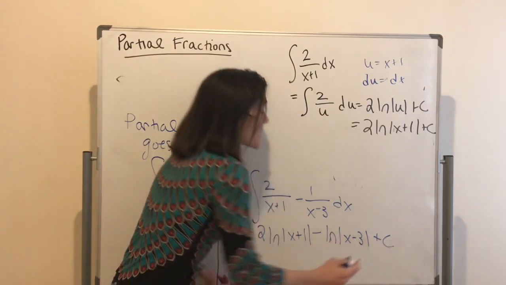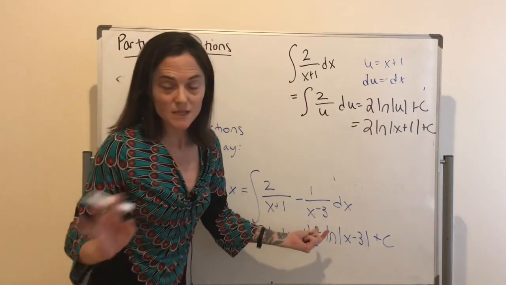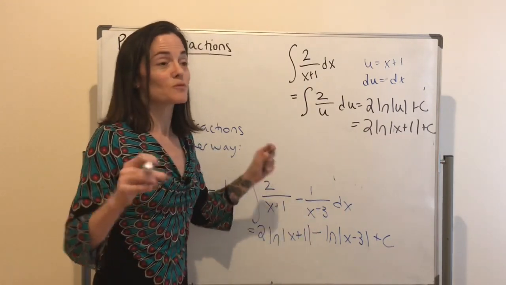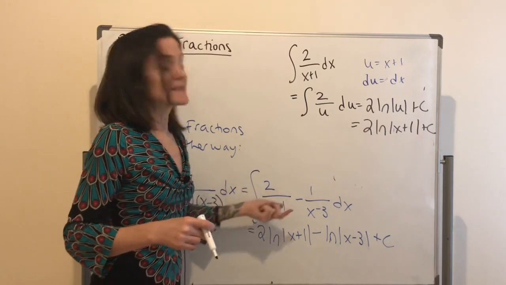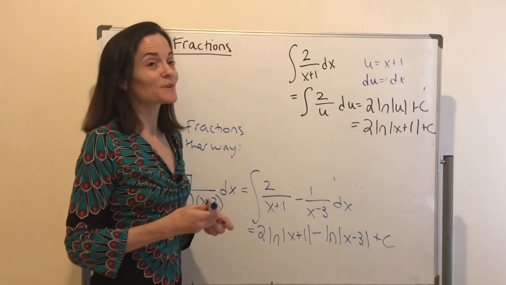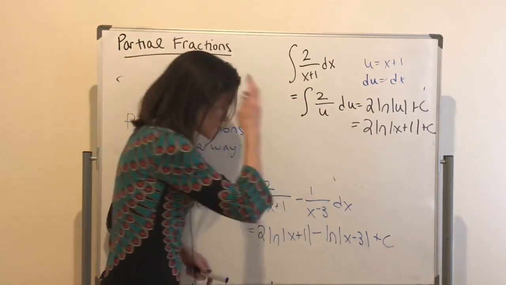Because it's the same idea, where if you wanted to work through the steps, u would be x minus 3 here, but the derivative of u is just 1, or du is dx, so it makes the substitution a lot simpler than usual. Okay, so we will see terms like this appearing.